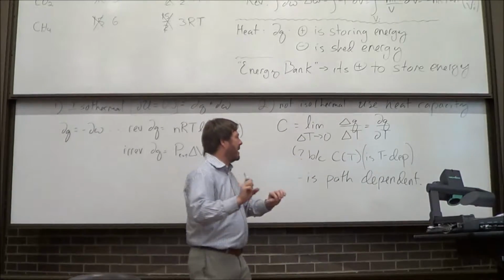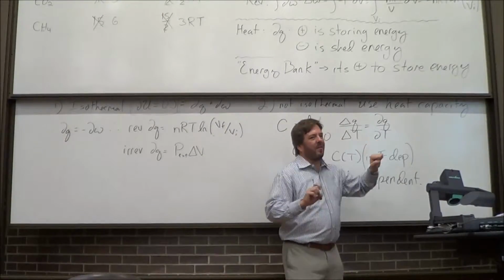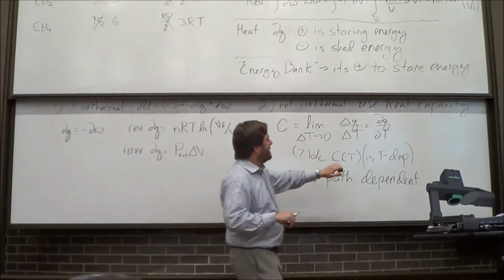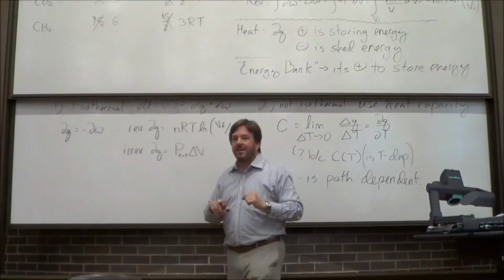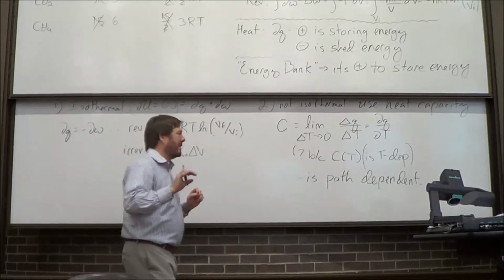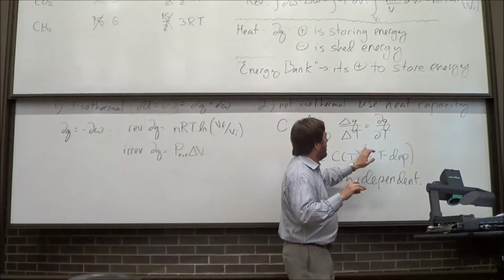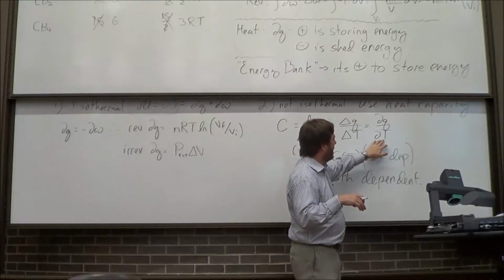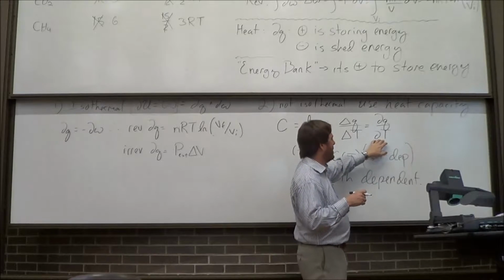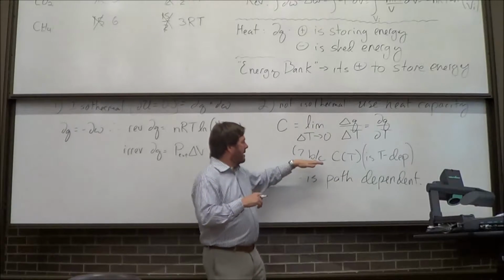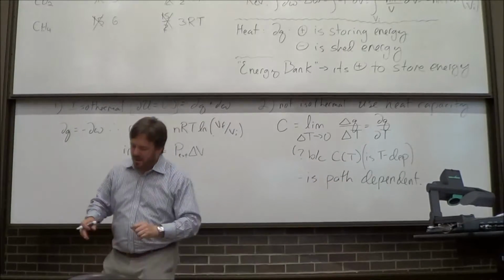I will explain in a minute. But I'm also wondering if dividing it by the change in temperature maybe negates it, kind of like extensive over extensive equals intensive. No, it doesn't. And again, I'll explain that a little later. Anyway, path dependent. Okay, so it depends on temperature and it's path dependent, there you go.